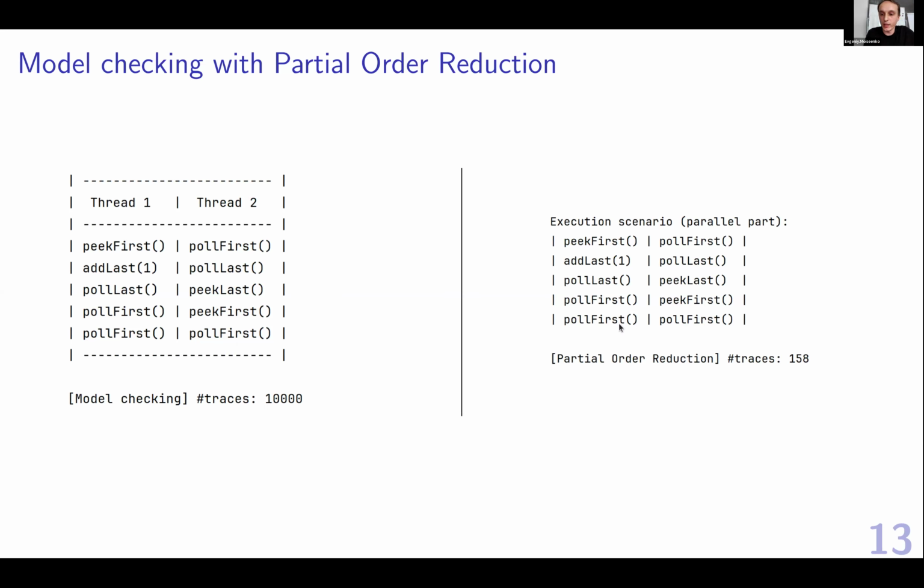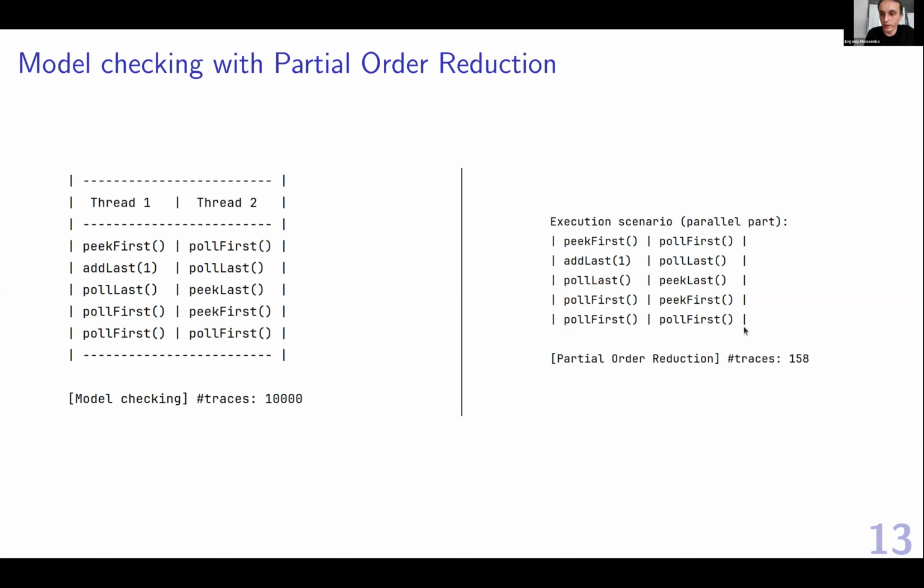If we take our prototype model checking strategy with partial order reduction, it explores only around 200 traces, because essentially that is all the traces that it needs to explore for this program.